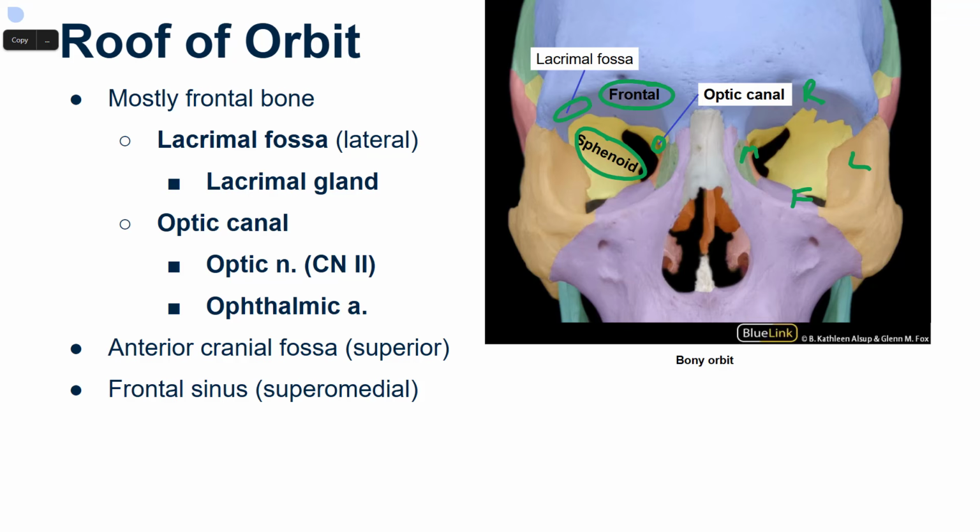Keep in mind that the anterior cranial fossa is just superior to this area, and that's an area through which in lab we will have to dissect in order to access the orbit. It's also going to be superomedial to the frontal sinus.